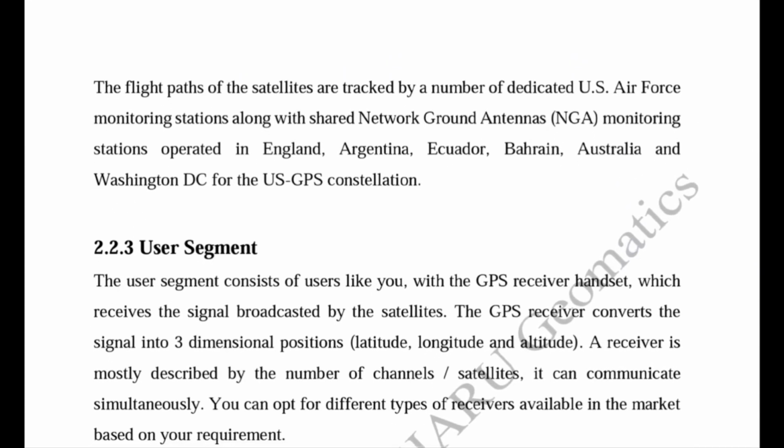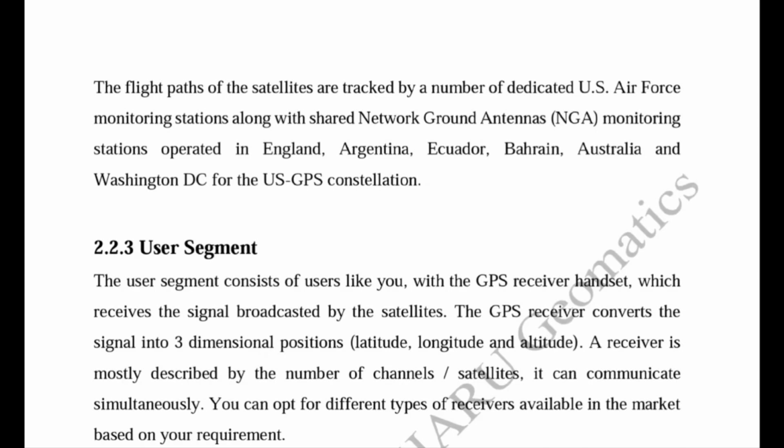The flight path of the satellites is tracked by a number of dedicated US Air Force monitoring stations along with shared network ground antennas, NGA monitoring stations in England, Argentina, Ecuador, Bahrain, Australia and Washington DC for the US GPS constellation. We have to know that the master control station must be in the US and monitor stations may be in different countries for proper monitoring of the satellites.